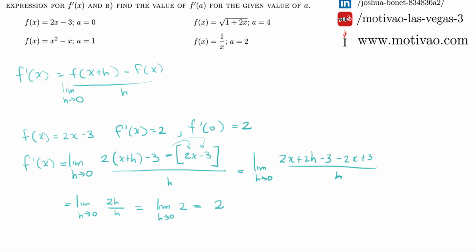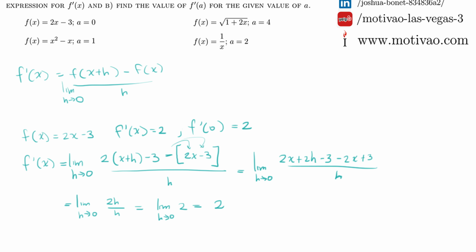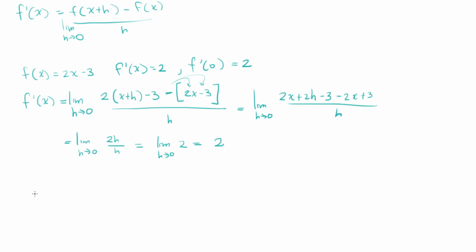Now, if I were to jump straight to f prime of 0, and I don't want to find f prime of x, then we're going to use a different equation, which is as follows. f prime of a equals the limit as x approaches a of f of x minus f of a over x minus a.